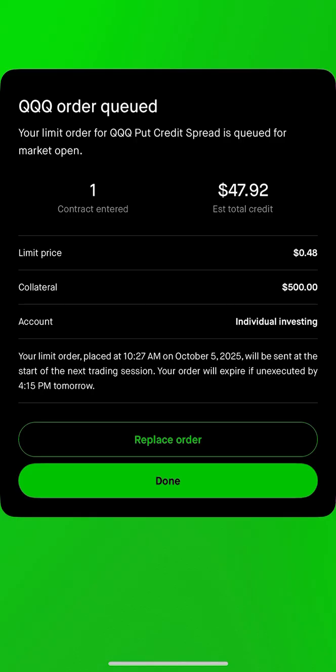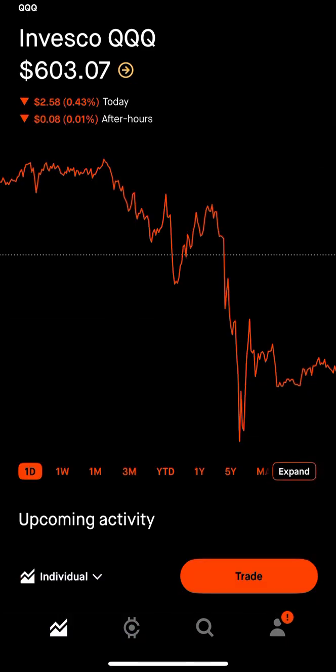All that we're trying to do is make sure that the stock is above the strike price. For this example, we want the stock to remain above 567, and it's currently at 603. That's roughly 5% of a move that it would need to make before October 31st.